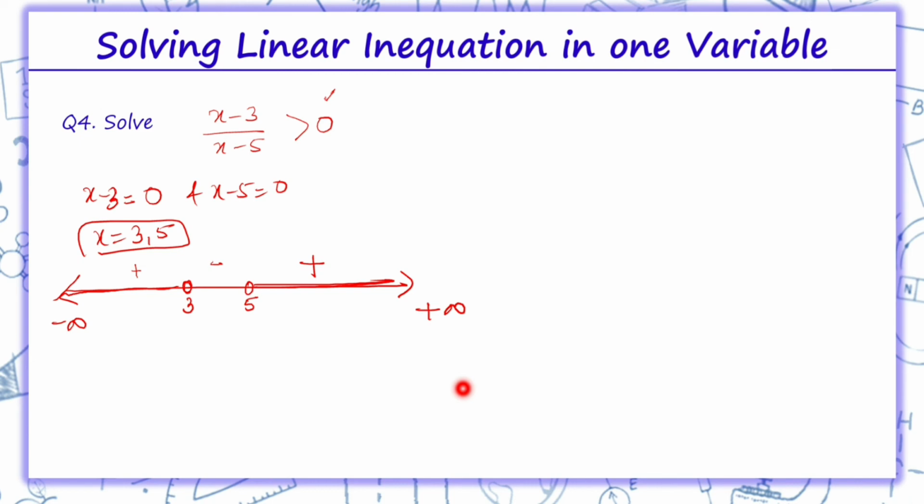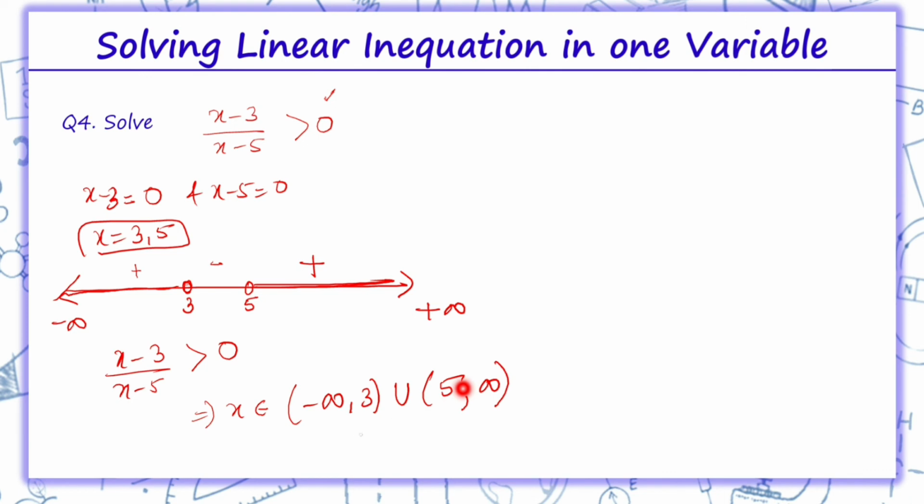So since the expression in the first region is positive, the solution set, obviously, is a union of these 2 terms. So thus we can say (x minus 3) upon (x minus 5) is greater than 0. So this implies that x belongs to minus infinity to 3 union 5 to infinity.